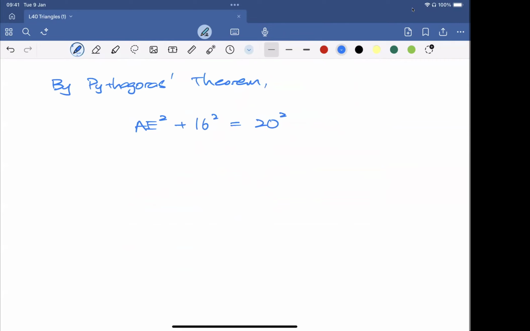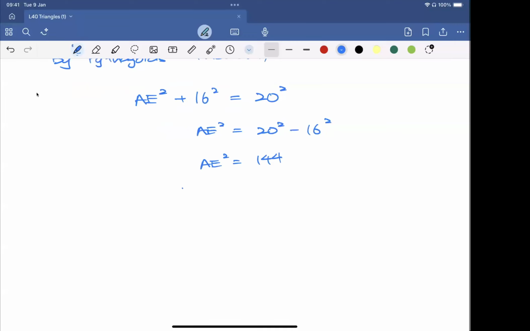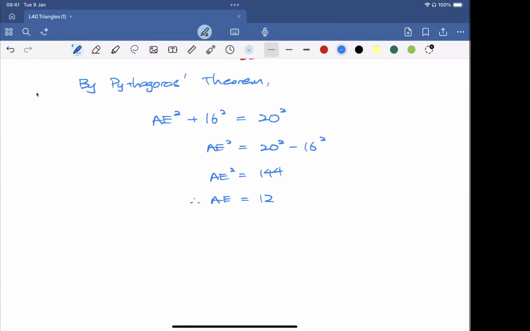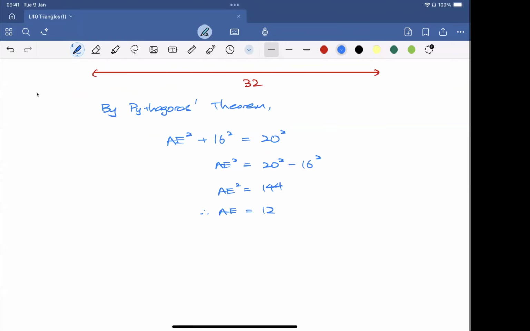So AE squared equals 20 squared minus 16 squared, which will give us 400 minus 256, 144. So therefore, AE is 12, because 12 times 12 is 144.